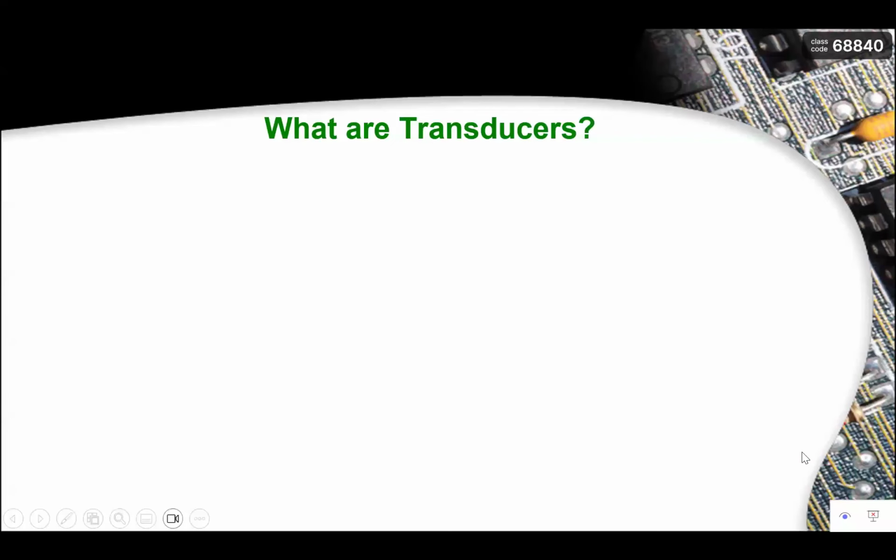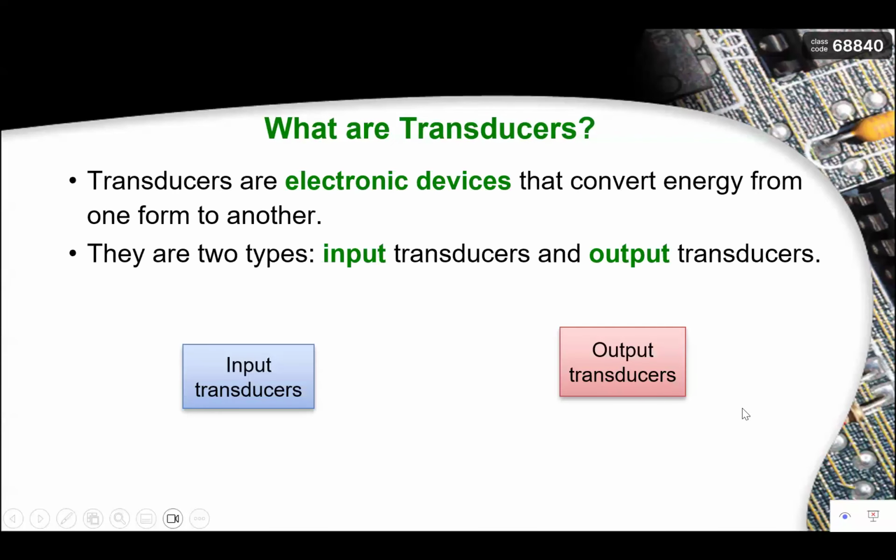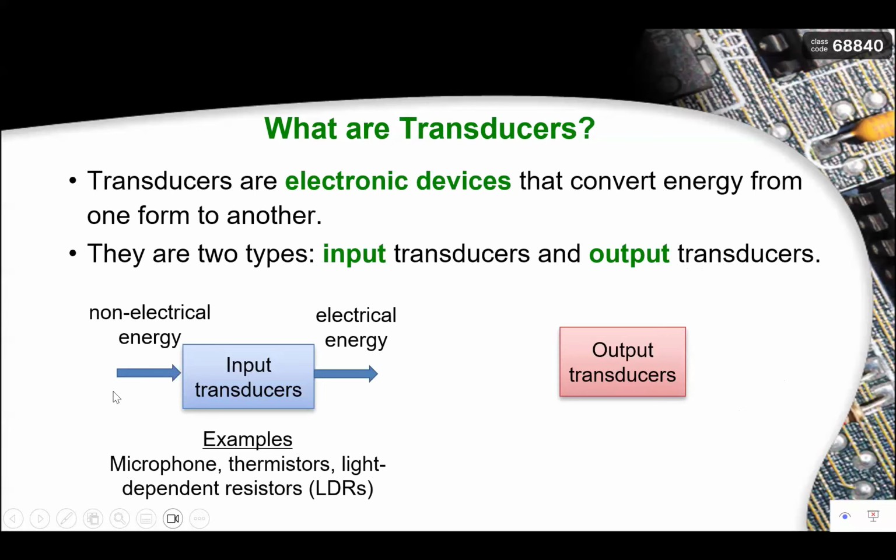Okay, next. There are two different types of transducer. One type is called the input transducer, and the other type is called the output transducer. An input transducer converts non-electrical energy like light, heat, and sound into electrical energy.